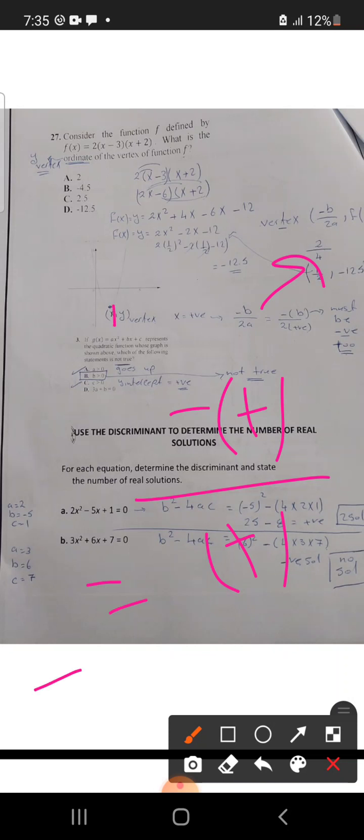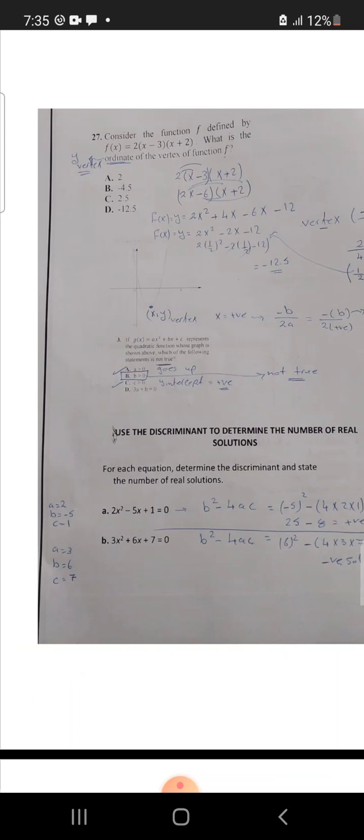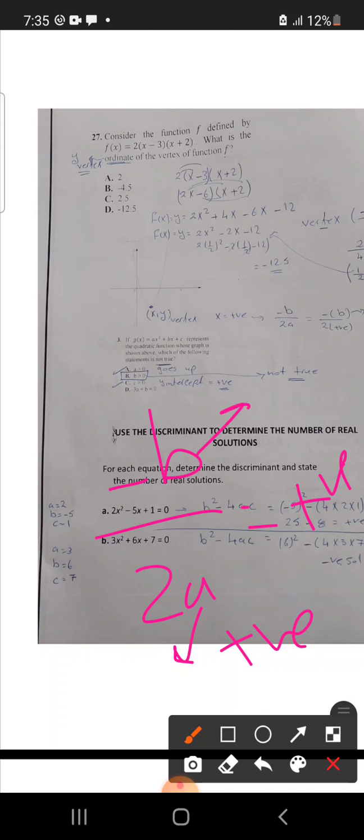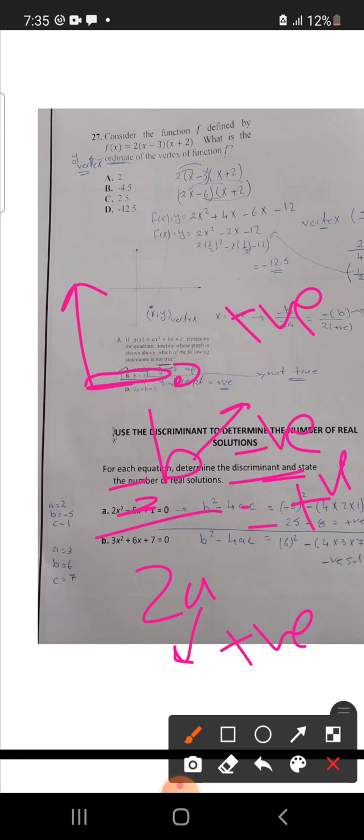No, I wanted it positive, so that is wrong. So b must be negative, to get negative b over 2a equal to positive. So the answer, the wrong, not true answer, is b greater than 0.